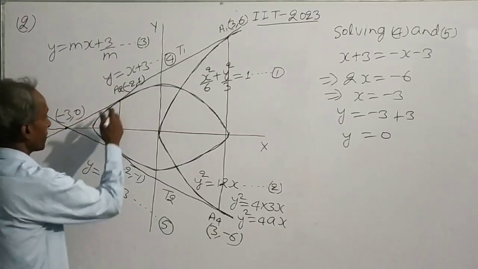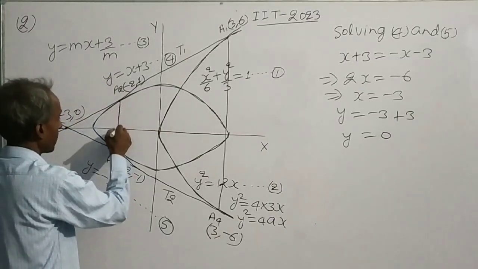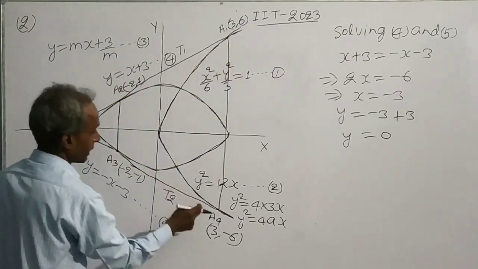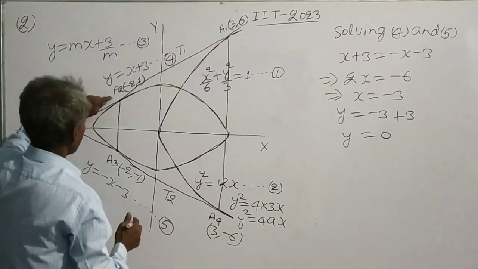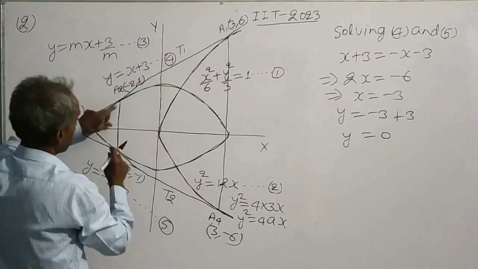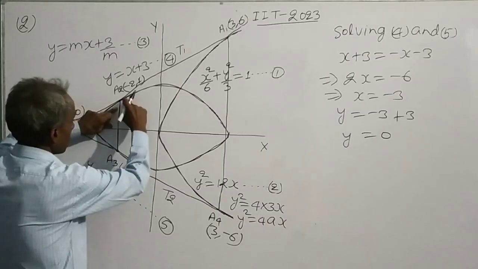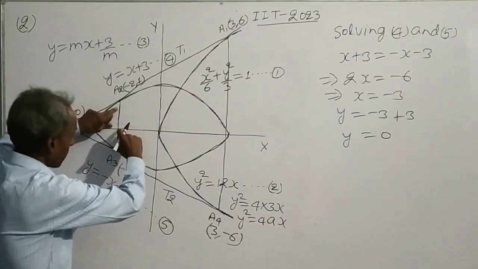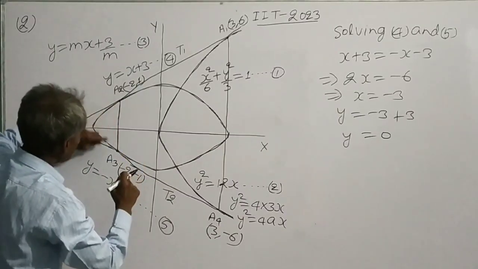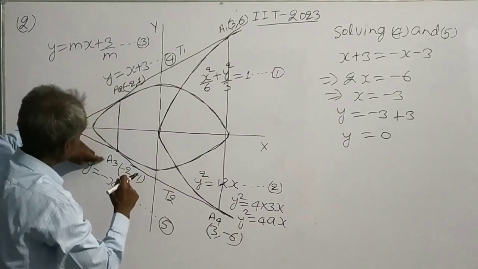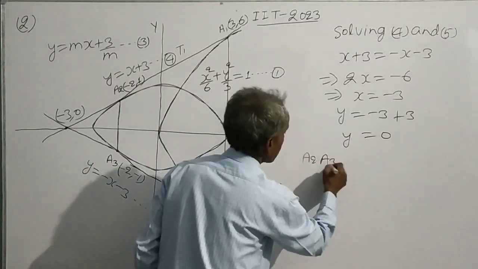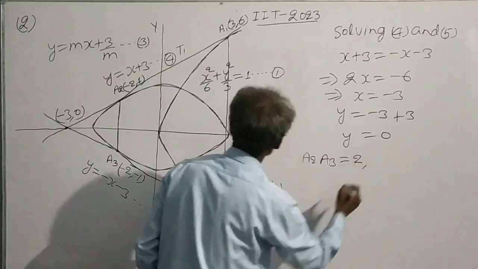For the quadrilateral A1, A2, A3, A4, A2 A3 is one unit above the x-axis and one unit below the x-axis, 1 plus 1, so A2 A3 is equal to 2.